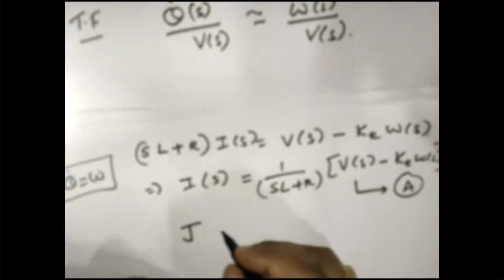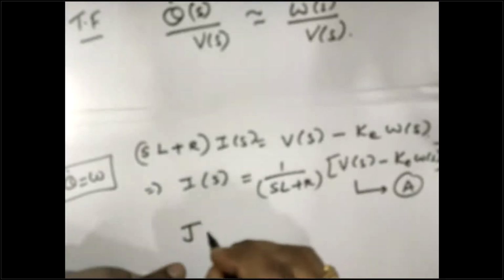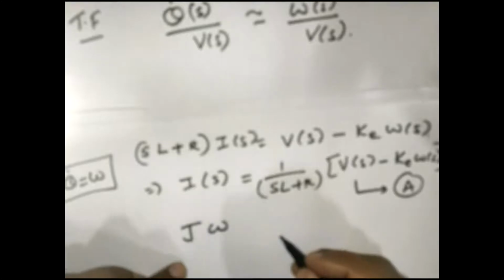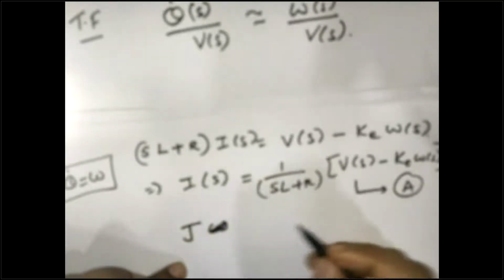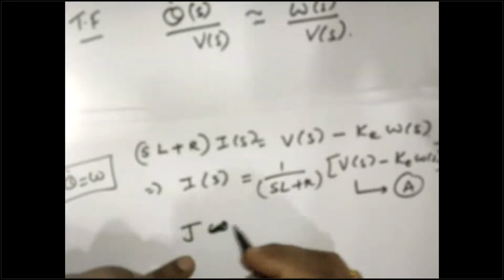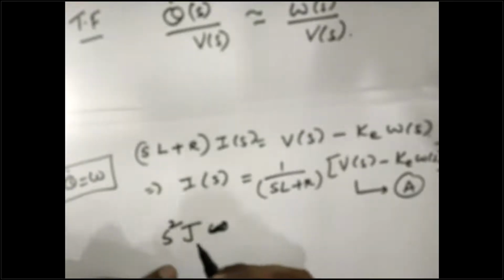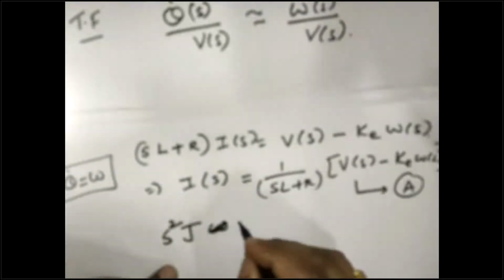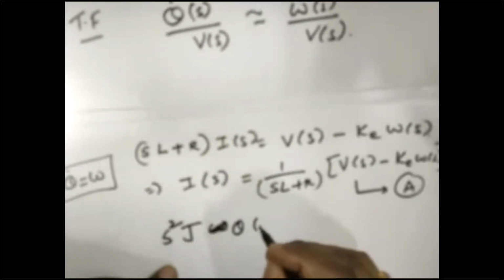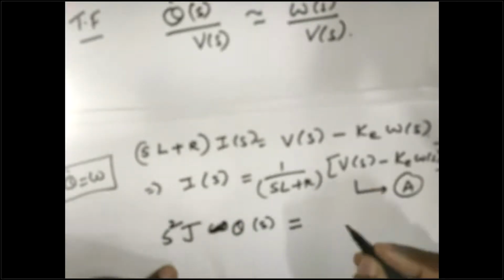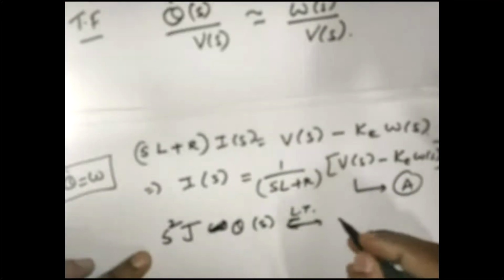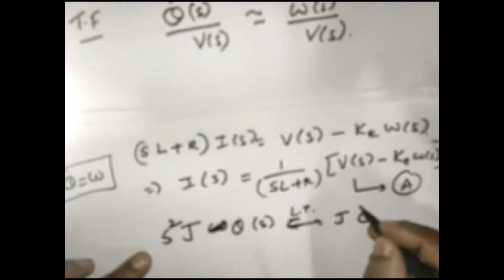So now I am going to write J into omega, or theta dot, or more specifically omega equal to theta dot. Now s square, all of you listen carefully, s square into J theta of s. This is the Laplace or the inverse Laplace transform, what is going to happen is J theta double dot.